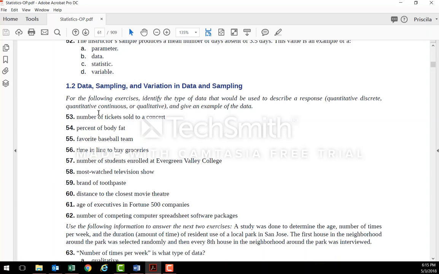So for 53, we're talking about the number of tickets sold. Right here, the number is a quantity, so it is quantitative, correct? Then you want to know if it's discrete or continuous.